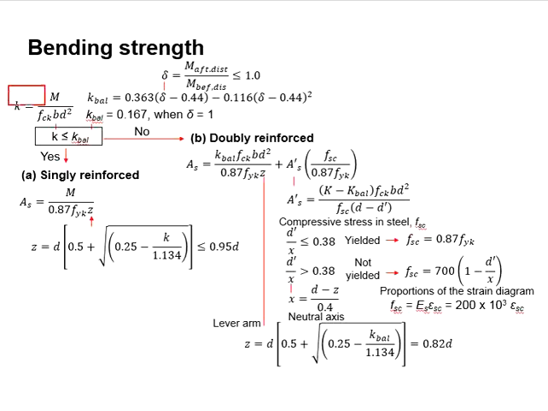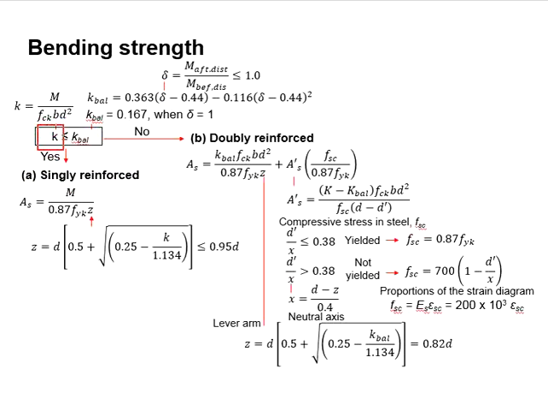First, you need to determine the K based on the moment acting onto the member. If the moment relative to the cross-sectional area of the section is small, which is smaller than K balance, equal to 0.167, now you can go for a singly reinforced member.